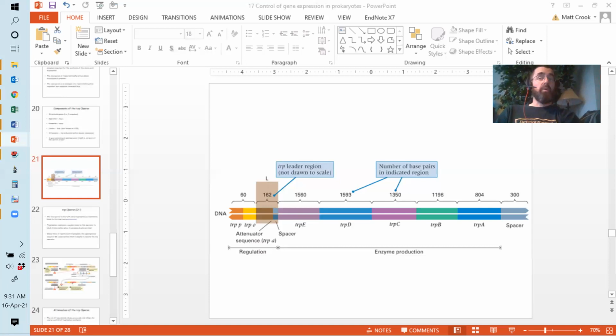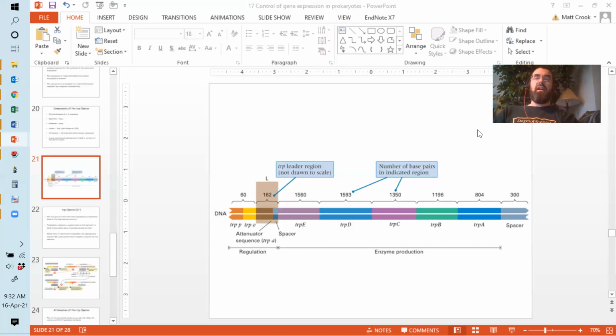Now, this is a possible one. It doesn't always form. The formation of that terminator loop depends on whether or not that dummy polypeptide is translated. Okay, so now we're starting to see how this mechanism can work. We're kind of building up these concepts, basically starting with the coupling of transcription and translation.